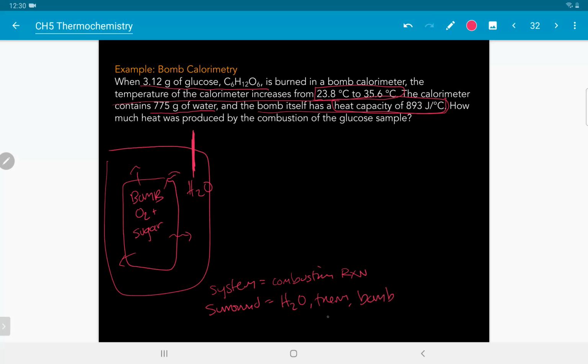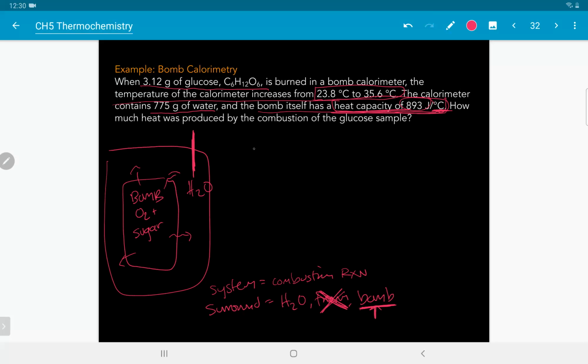The thermometer is still negligible. We don't care how much heat the thermometer absorbs. But this time, the bomb itself has a heat capacity, so it absorbs energy. For every 1 degree that the bomb increases, it absorbs 893 joules of energy. So we have to now include this as part of our surroundings.